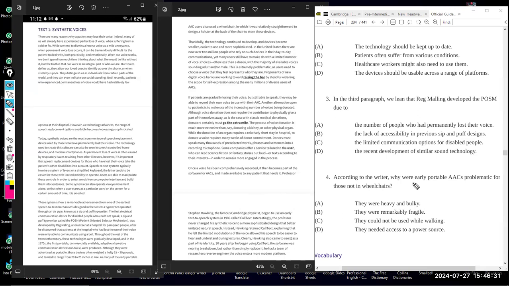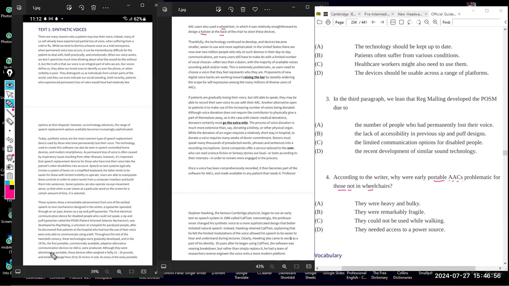So according to the writer, why were early portable AACs problematic for those not in wheelchairs? Absolutely, for people in wheelchairs, it is easy to put the tools or equipment in a holster in the back of their wheelchairs. But what about the other people?